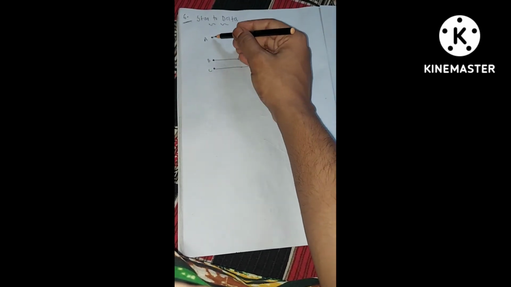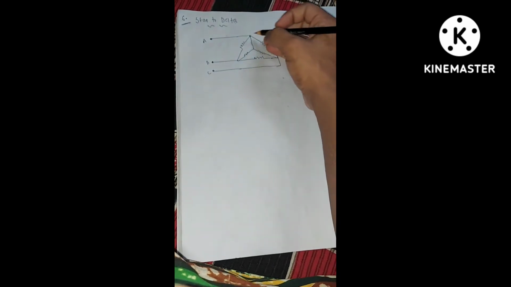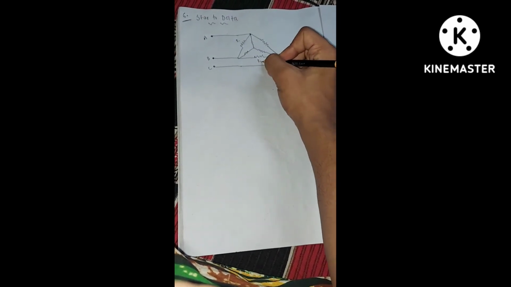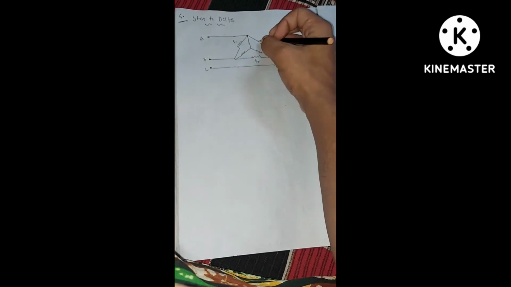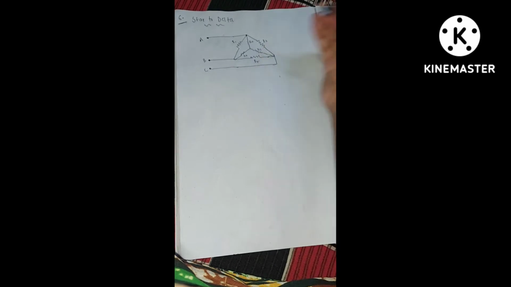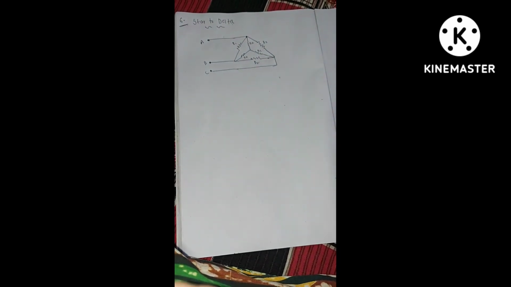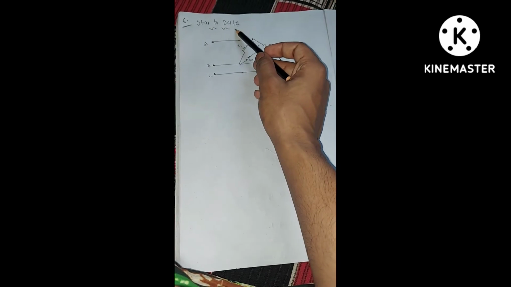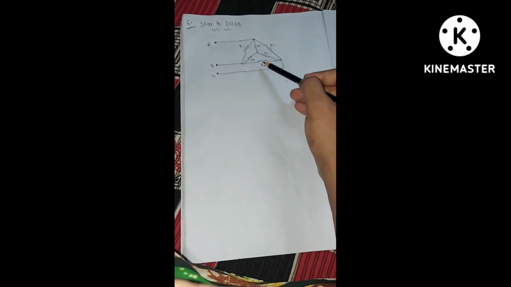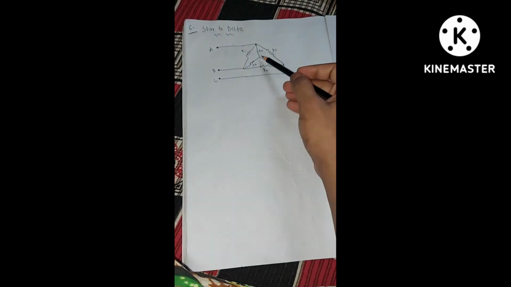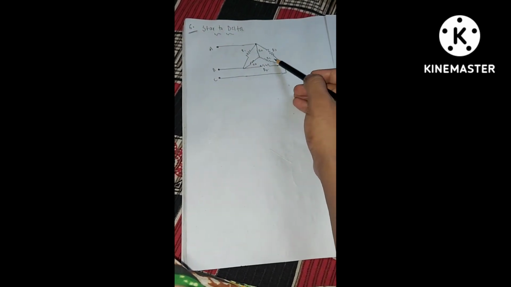This resistance will be R1, this R2, this R3, inside it was RA, this RB, this RC. For star to delta conversion we'll find R1, R2, R3. For delta to star conversion we'll find RA, RB, RC.